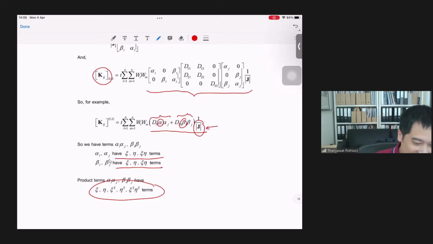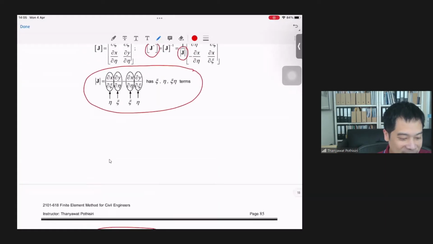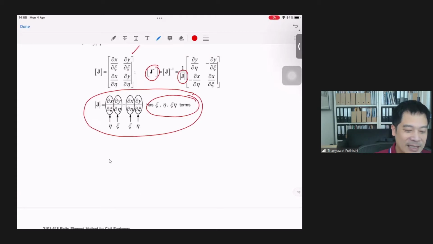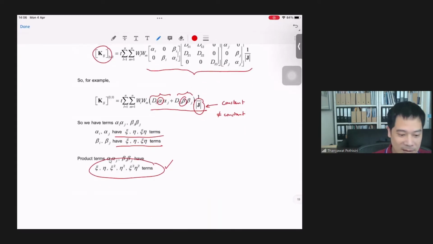Now, if this determinant is constant, then all these terms would end up with this order right here. Okay. But if this is not constant, meaning that the Jacobian can be this function right here, you would end up with a polynomial as your numerator and also another polynomial as your denominator, right?